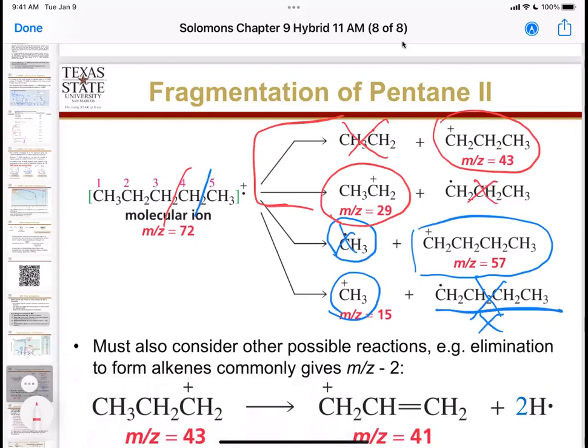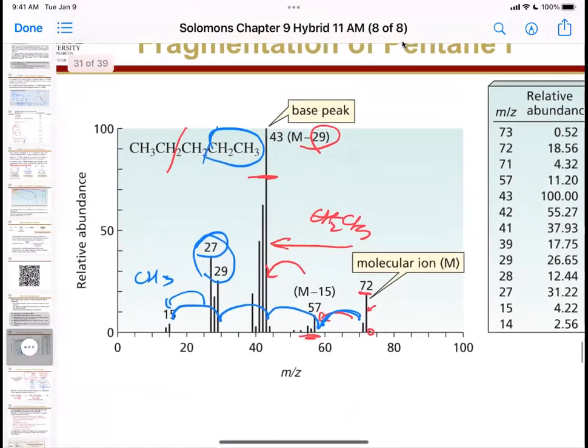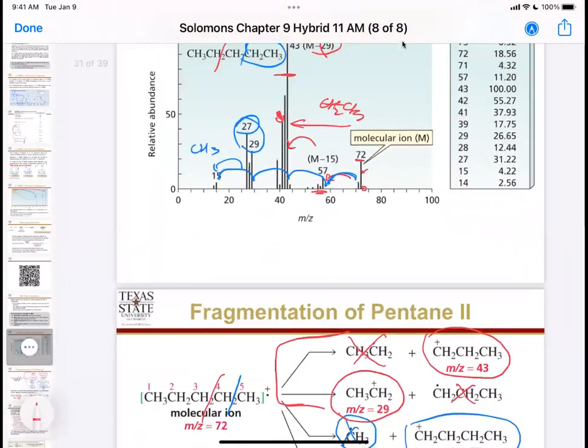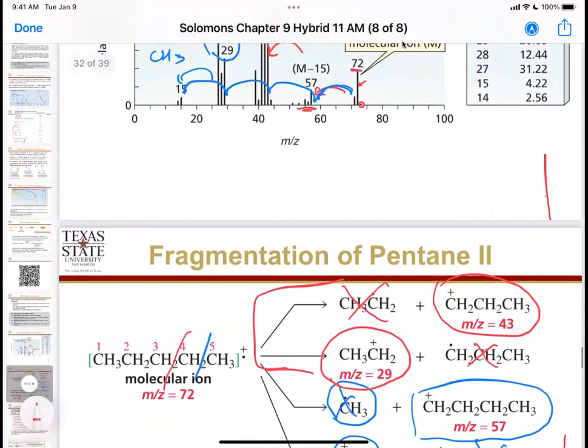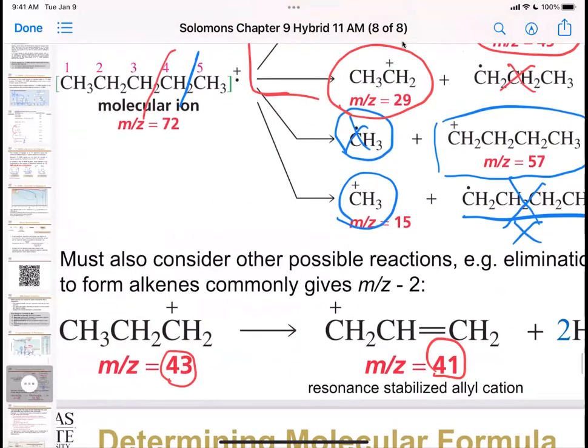Another reason we have that other peak at 41 and 43, let me go back to the spectrum here. See, we had 43, but we also have this peak here at 41. So we have a lot of little peaks in that big fragment. The reason is that it's more stable for this compound because it's a primary carbocation. Remember, we don't form those in solution.